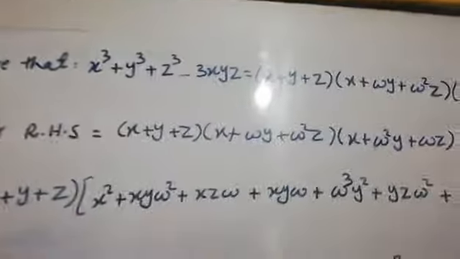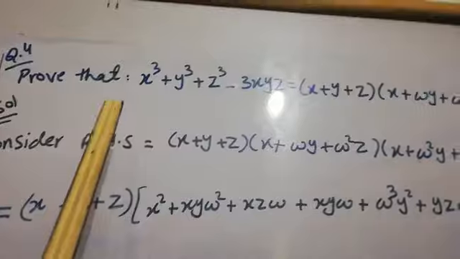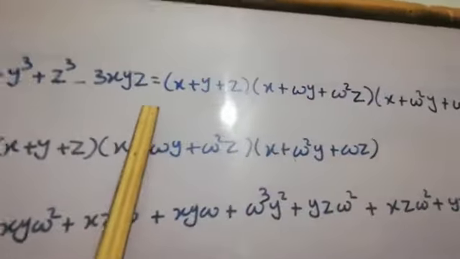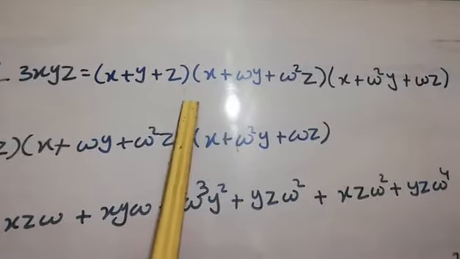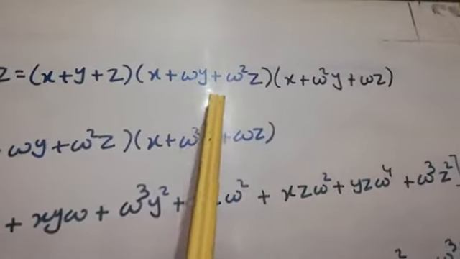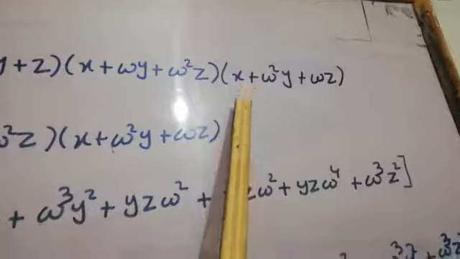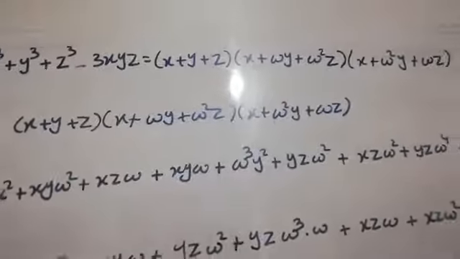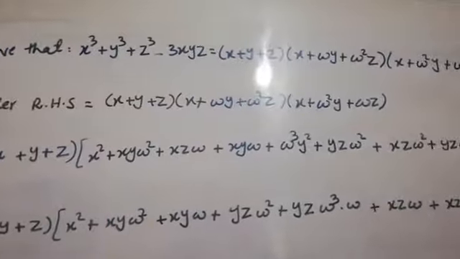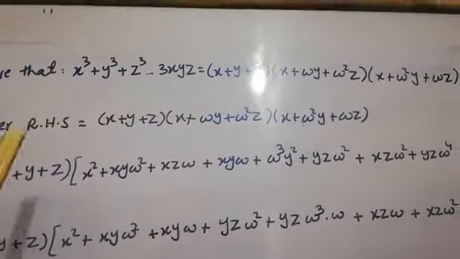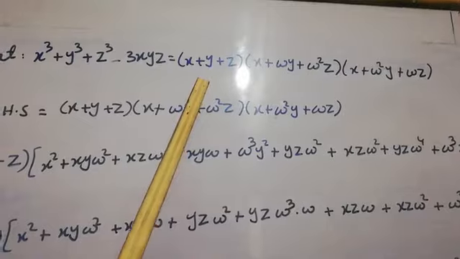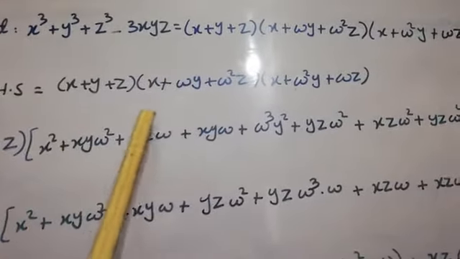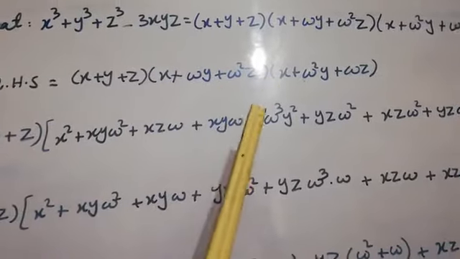Now we will move to our question number 4, the last question of this exercise. Prove that x cube plus y cube plus z cube minus 3xyz equals x plus y plus z into x plus omega y plus omega square z into x plus omega square y plus omega z. My dear students, in this question we have the equation form, and we will prove that left hand side equals right hand side. So first of all we will consider the right hand side and write it as it is.